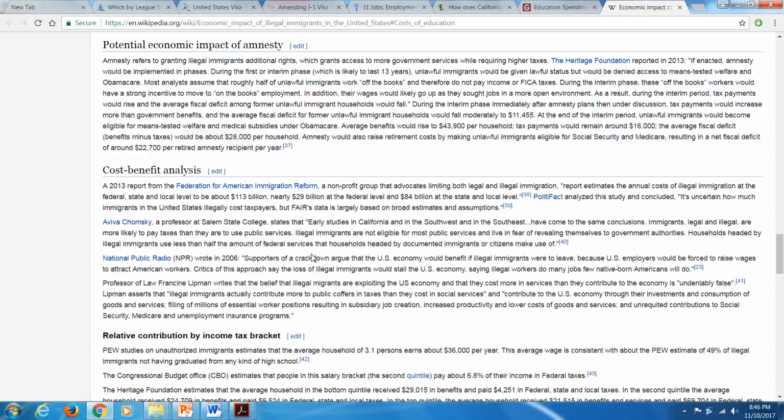Then the report estimates the cost of illegal immigration at the federal, state, and local level to be around 139 billion, 29 billion at the federal level, and 84 billion at state and local levels. This is a 2003 estimate.